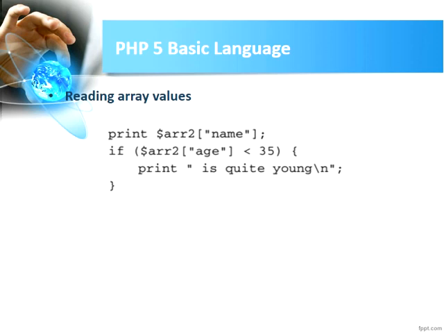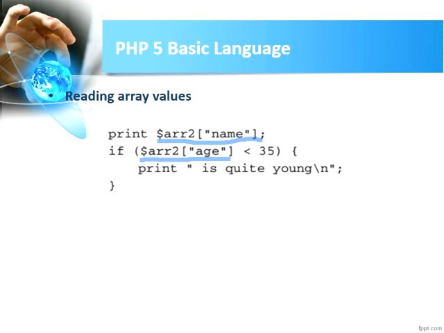So to read an array value, we can just write, for example, print $array2['name'] like this. That means we want to print the value of array2 with index name, or print $array2['age'].